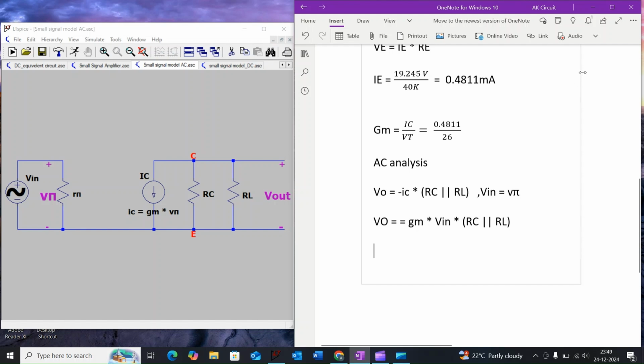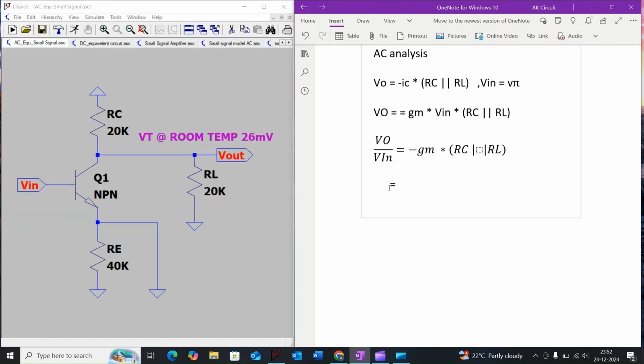Or we can say that V out divided by V in is equal to minus GM times RC parallel RL, which is equal to minus 0.4811 divided by 26 times 20 kilo ohm parallel to 20 kilo ohm.